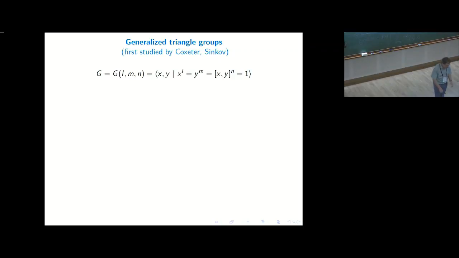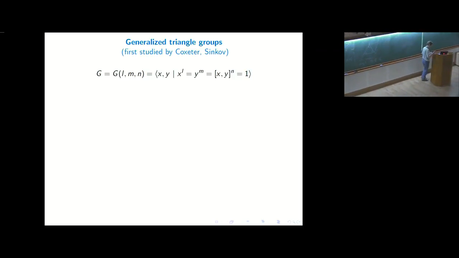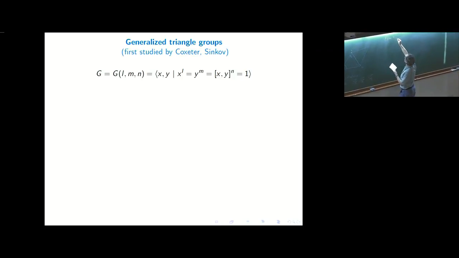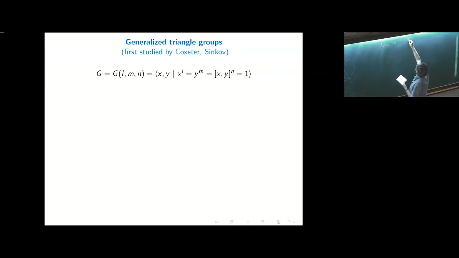And let me just say, first of all, that for various values of M, I don't remember this, so I'm going to look at my notes. You get some groups. So if L equals M equals 2, the group is just the dihedral group of order 4n.